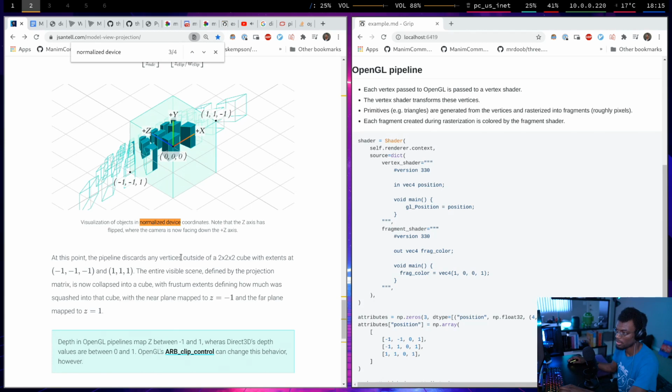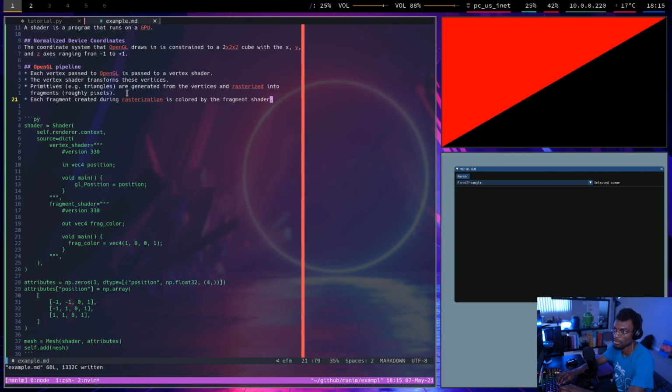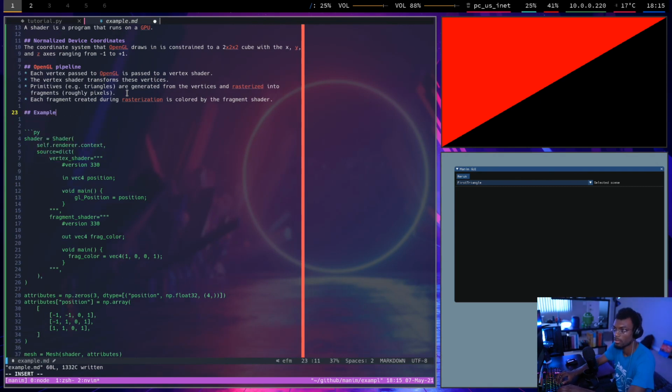At this point, the pipeline discards any vertices outside of a 2 by 2 by 2 cube with extents from -1 to +1. Okay, yeah, so that's fine. So there's an example shader. Let's say Manim shader.